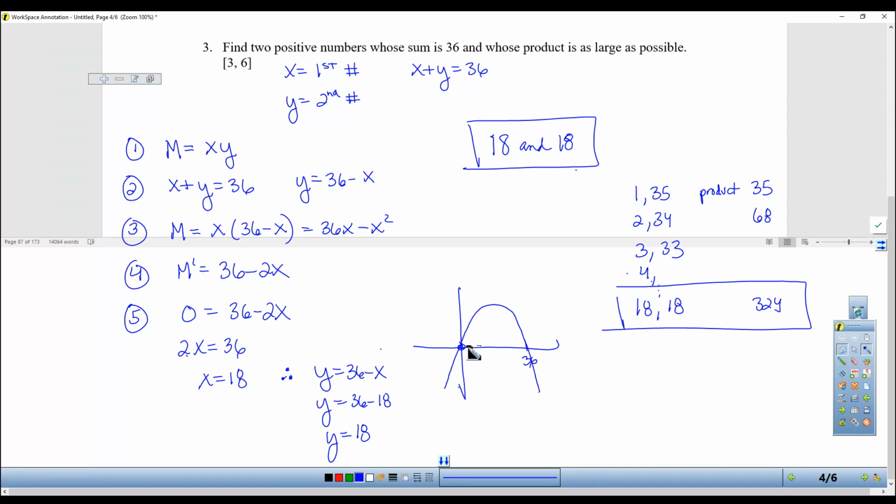So you can use 1 and 35, but it's just not going to be as good an answer as you'll get from 18 and 18. So if you pick 1, your product is only going to be this big. If you pick 2, your product is only this big, but if you pick 18, your product is going to be that big.